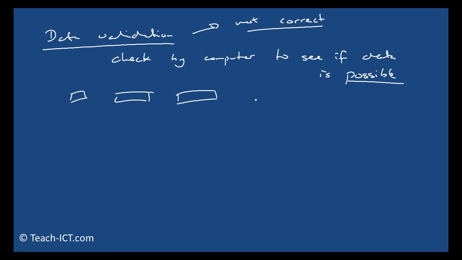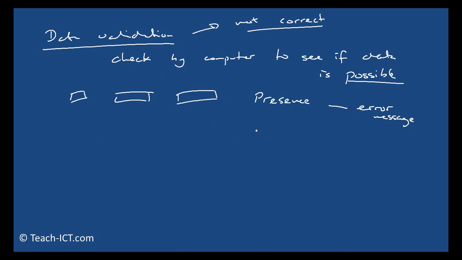So we can set the computer up to carry out what we call a presence check. And a presence check is the computer simply asking, has something been put in here? If it's left blank, then we would get an error message saying you've got to complete your first name, because it's not possible not to have a first name. You have to have one, so you've got to put something in there.